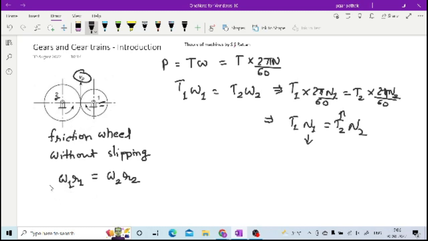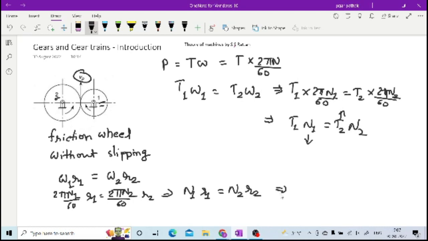When you further simplify, you will find 2 pi N1 by 60 into r1 is equal to 2 pi N2 upon 60 into r2. So first you can write N1 into r1 is equal to N2 into r2.